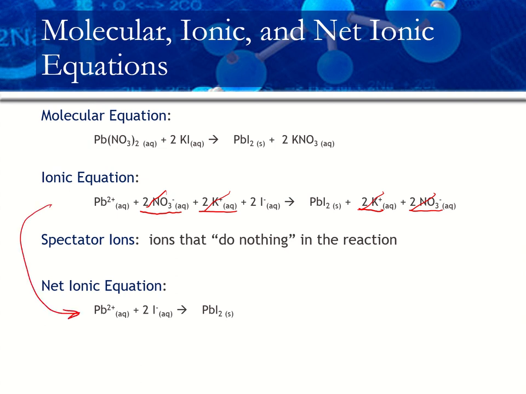And that's one way to do it, but the simpler and more straightforward way is just to recognize from the original reaction what's actually taking place. We're forming lead-2 iodide. Then just write down in the net ionic equation which ions have to be combined to form the actual product and ignore everything else. And that is perhaps a simpler and quicker way of arriving at a net ionic equation.